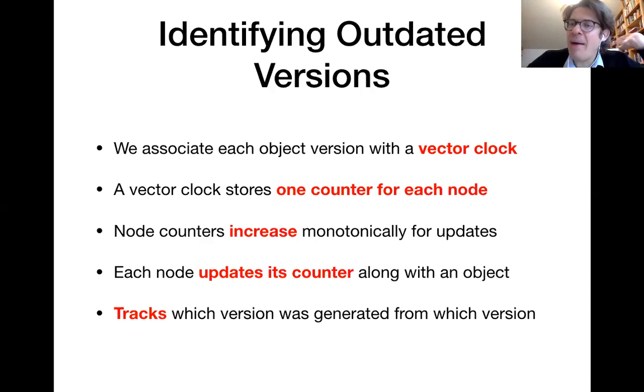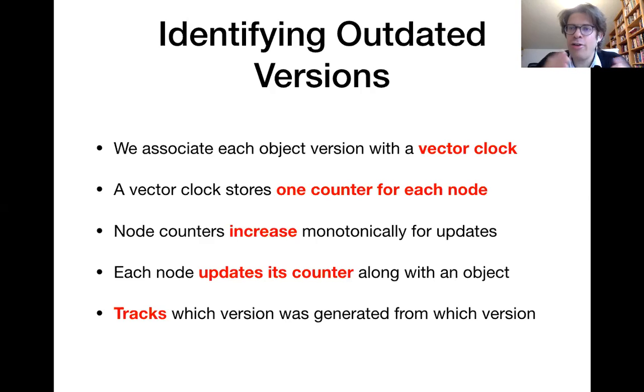So whenever a node updates an object version, it increases its local counter and then timestamps the new version with the updated counter. And you have one of those counters for each component in the system associated with each object version. And that allows you to track which version has been generated from which other version, because if the counters of one version are uniformly lower than the counters of another version, it means that the other version was created based on the previous version.